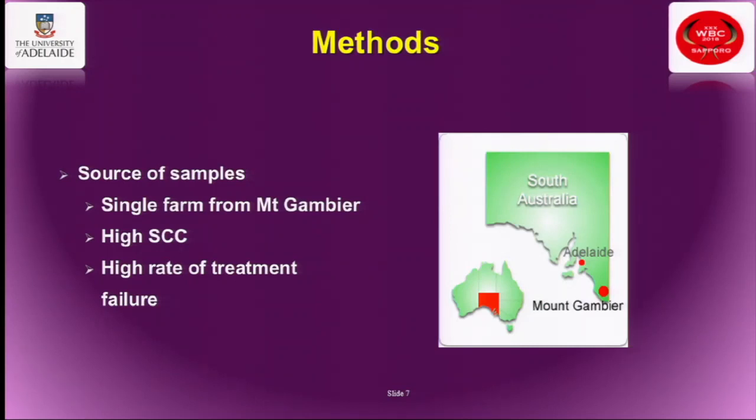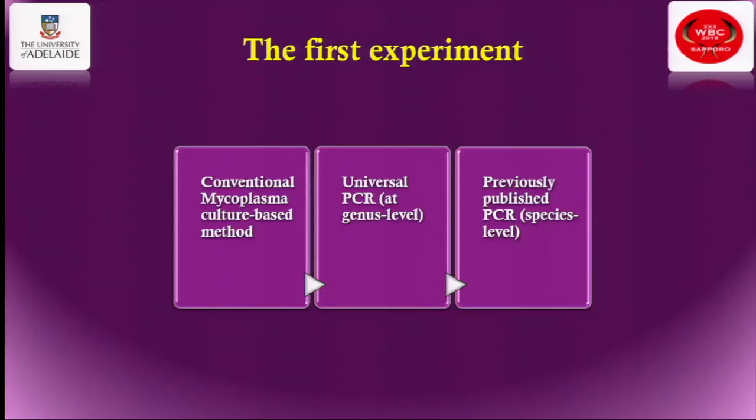In the first experiment, we developed universal primers targeting the 16S ribosomal RNA gene of all possible mastitis-associated mollicutes at genus level. DNA was extracted directly from milk to save time and money.